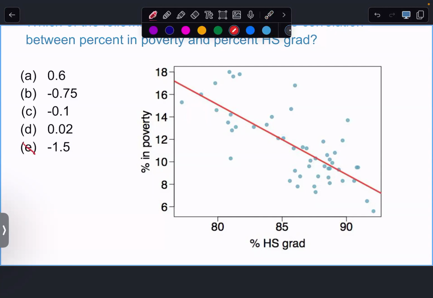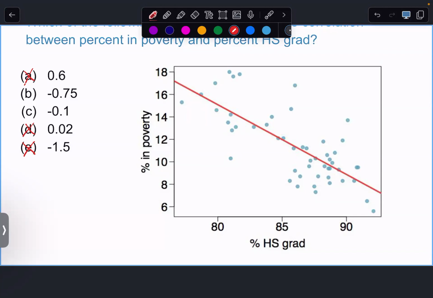The most glaring one is the -1.5, which is not any correlation ever. And so that one's out. We said we have a negative relationship, which means that the correlation has to be negative, and so both of these positive correlations are out. And then I'm choosing between -0.1, which is very small, very close to 0, and -0.75.